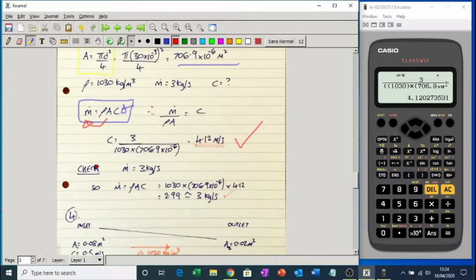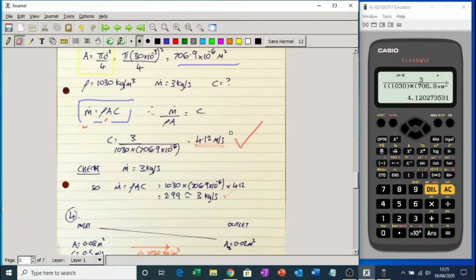Now you can check this. We can check this now because we know that the mass flow rate is density, area and speed, and we know the mass flow rate is 3.